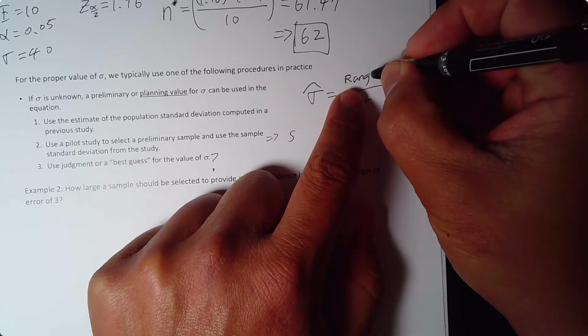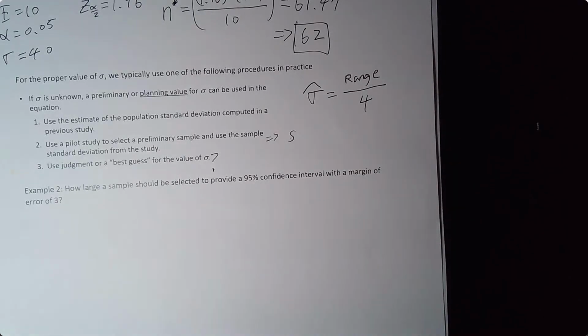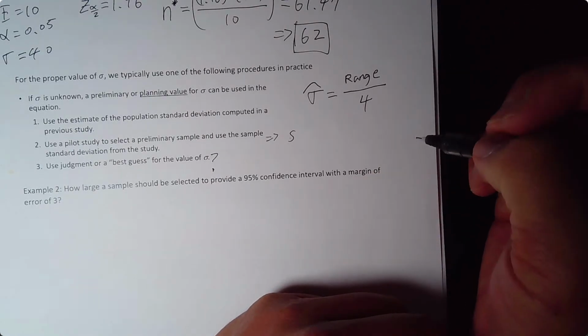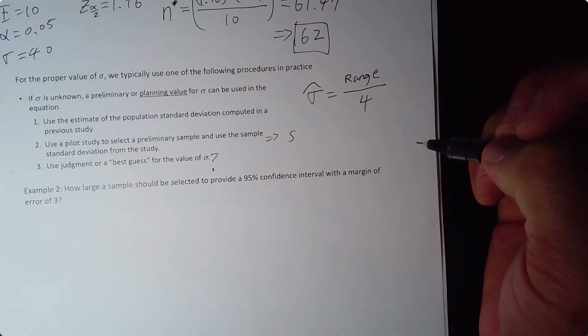For example, if I'm doing a study on income, then I know that I am looking at people that make between $15,000 and $80,000. In that case, I will take that range, 80,000 minus 15,000, and divide that by 4.